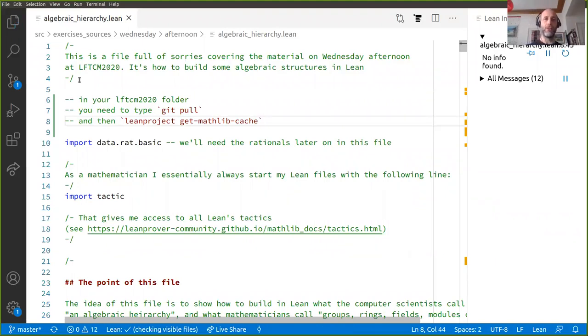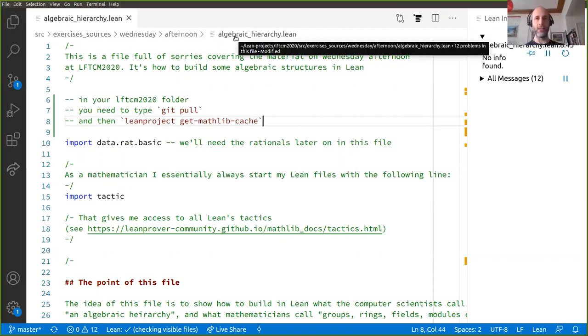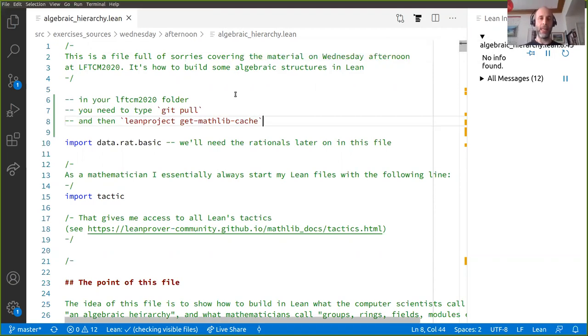If you do that, you will be able to find in the exercise source, for Wednesday afternoon, two files. I'm going to talk about the algebraic hierarchy, and then after me, Alex is going to talk about the topological hierarchy. So what we're doing here is we're finally going to do some kind of undergraduate level mathematics.